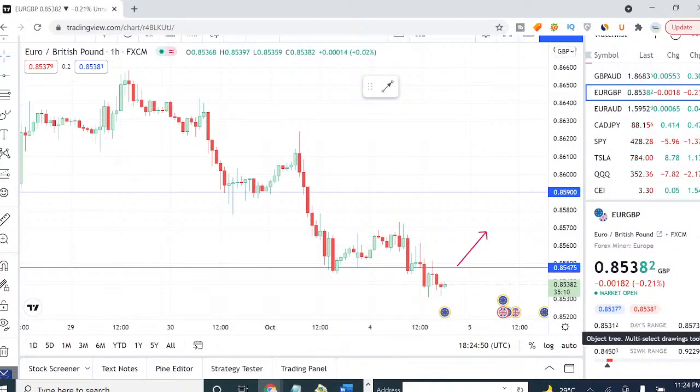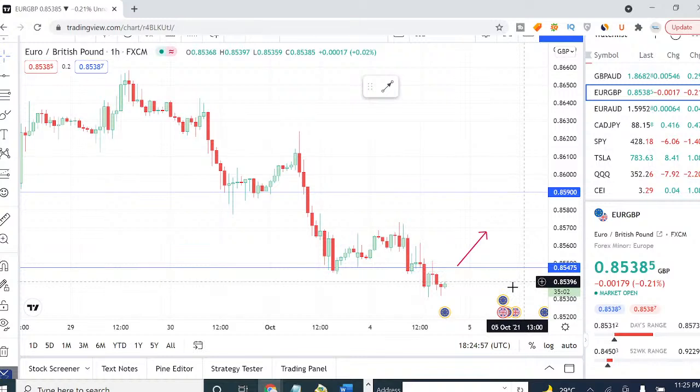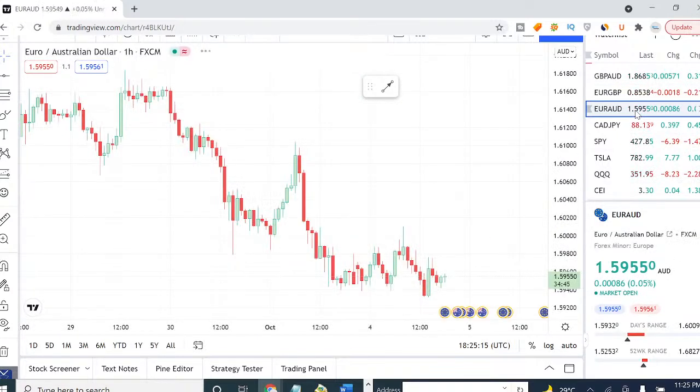But again, I will repeat that this is the condition. If it breaks 0.85475 on Euro Great Britain pound, then it will be in a bullish trend and going to test 0.85900. But if it breaks below, then you need to wait here, because we do not have any other option at the moment. Okay, so Euro AUD is next for us.